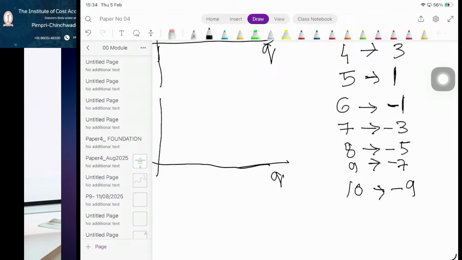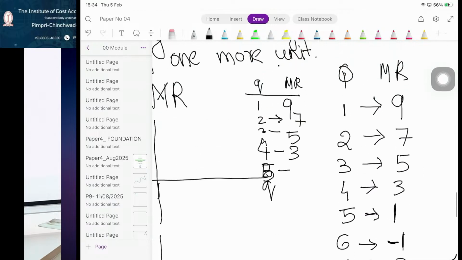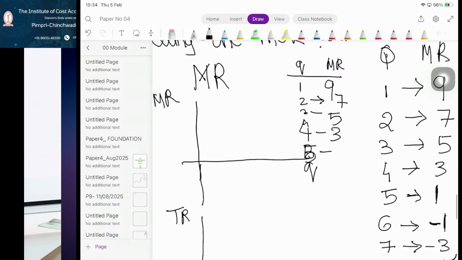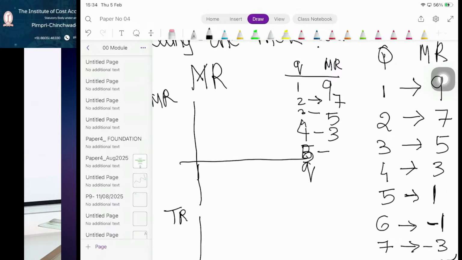This is the marginal revenue curve for this particular demand function that we had. Now on this graph, mark these points and draw the graph like so.